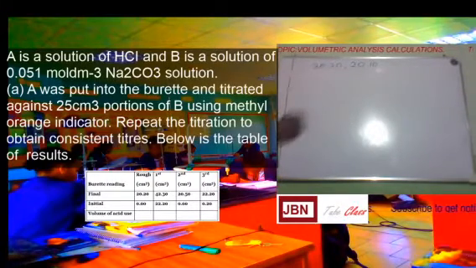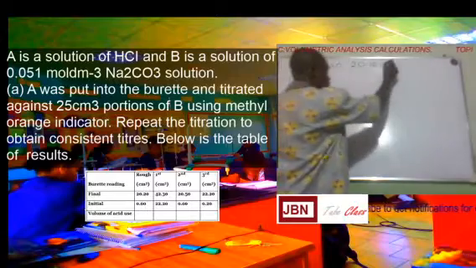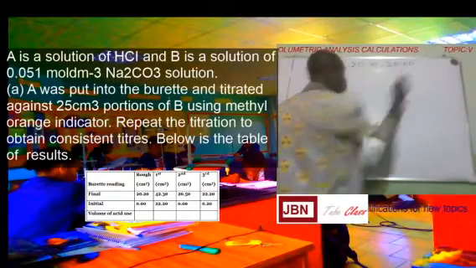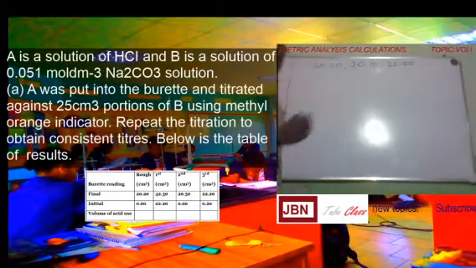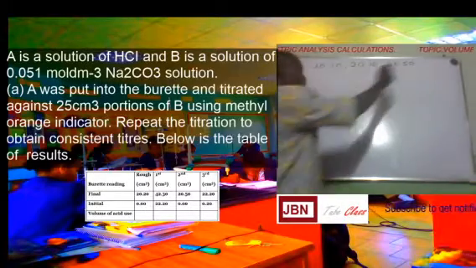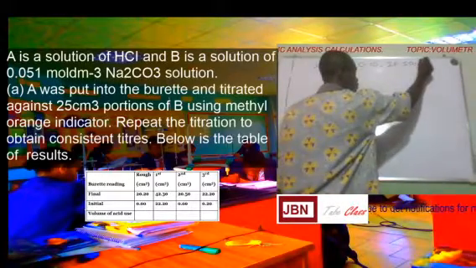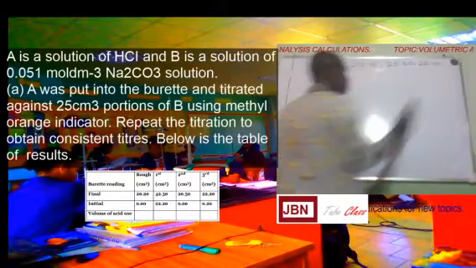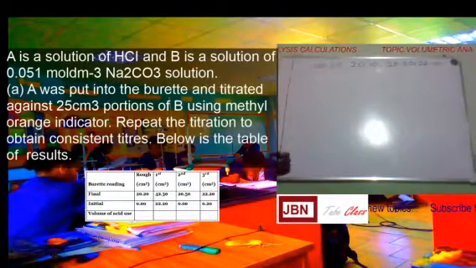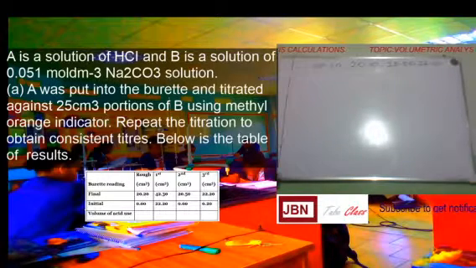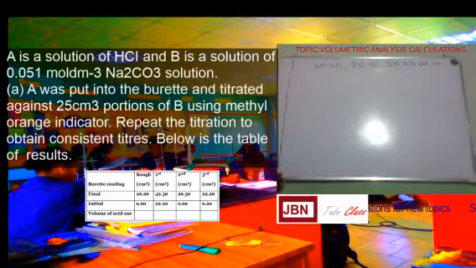For the third, you are going to have 20.50, and then the last one, you are going to get 22.00. These are the result of the titration carried out. Now, what are we going to do with this result?